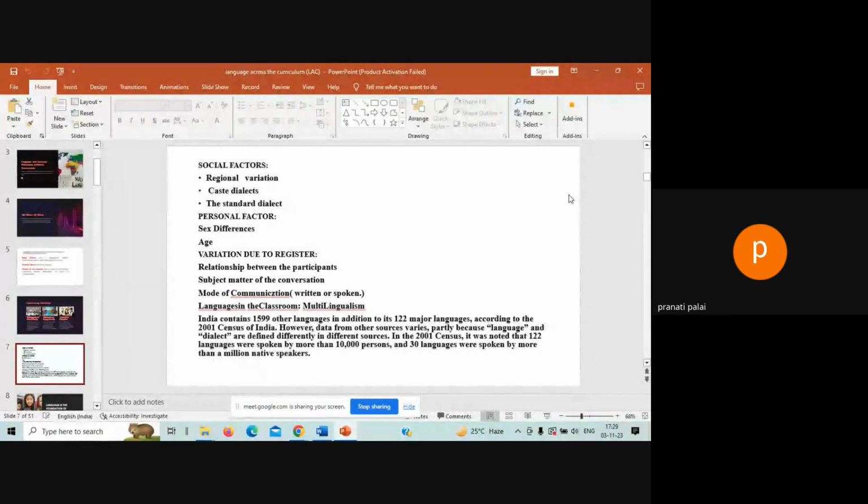Suppose in our class there are students from different cultures and different languages. So see, what is the role of the teacher here? The teacher will not only use the school language here. The teacher will first of all learn the home language of the child. The teacher will use the home language in the classroom with the school language. The teacher will make a situation for the adaptation of the child from the home language to the school language.